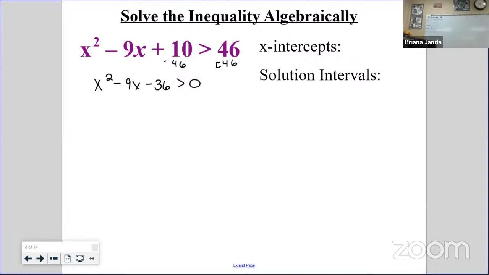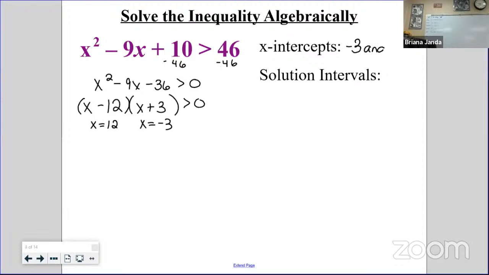Okay, what are my factors of negative 36 that add to negative 9? Negative 12 times 3, which means we have zeros at 12 and negative 3. I like calling them zeros, but those also are x-intercepts, right? So when the question is, what are the x-intercepts? There they are. Negative 3 and 12.